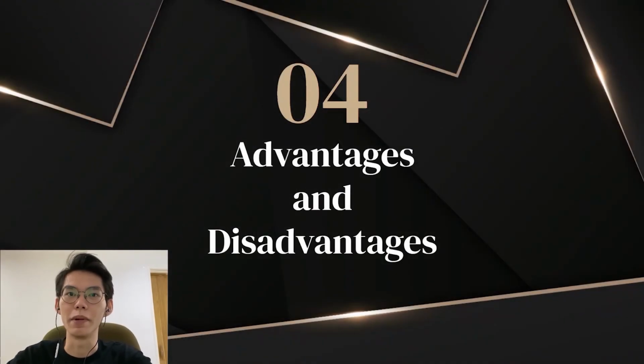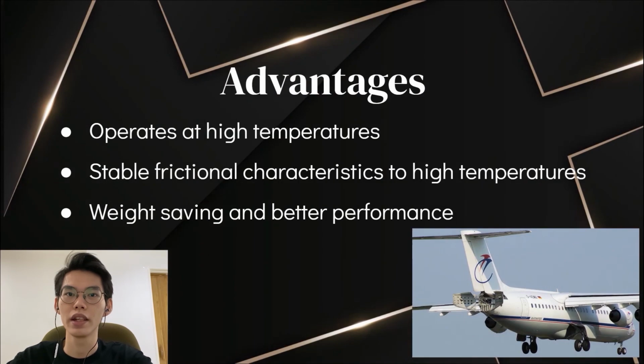Now I will discuss the advantages and disadvantages of carbon-carbon composite. Carbon-carbon composite has many of the thermal and mechanical properties required by aerospace materials that must operate at high temperatures. Aircraft brakes made of carbon-carbon composite are found to have remarkably stable frictional characteristics at high temperatures well above 2000 degrees Celsius.